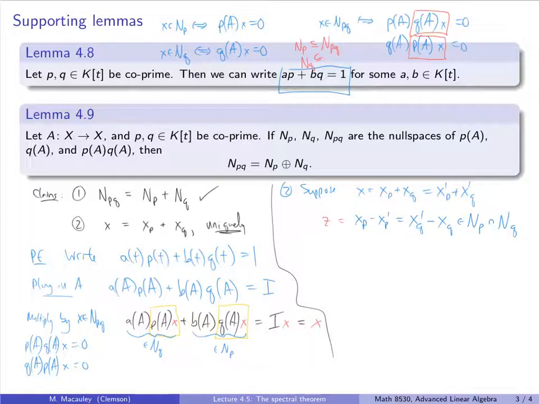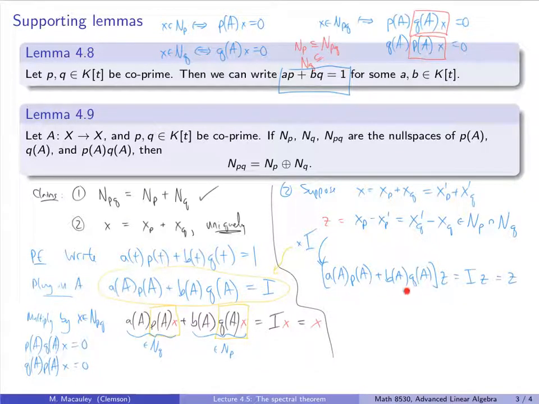So multiply by I. So I'm going to multiply this by this I: a of A, P of A plus b of A, Q of A, this entire thing, times z, equals I z equals z.